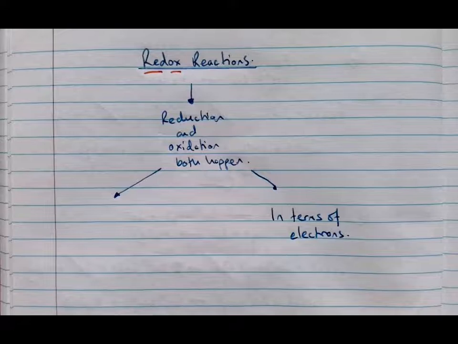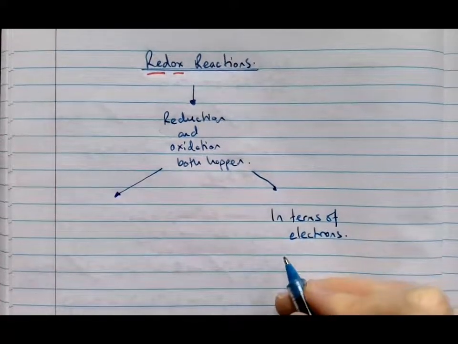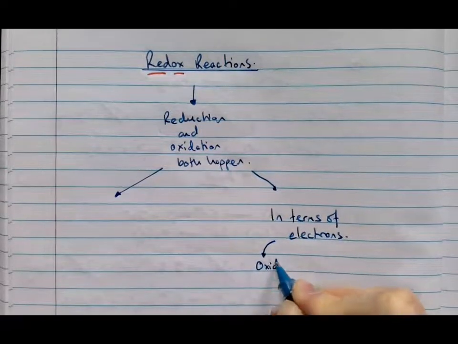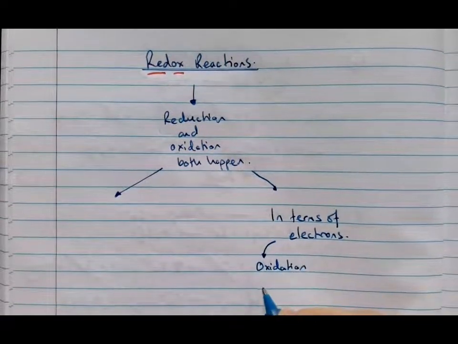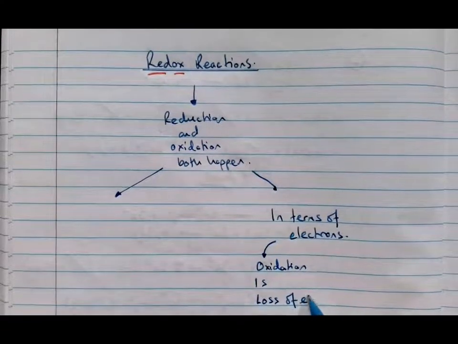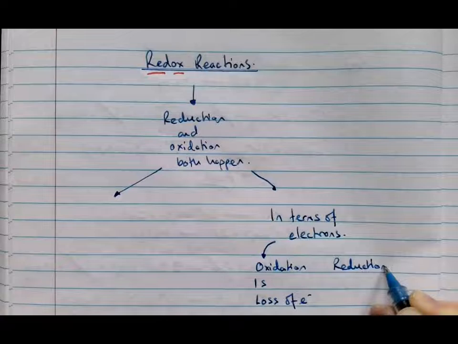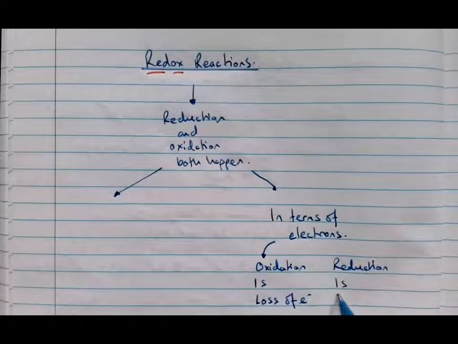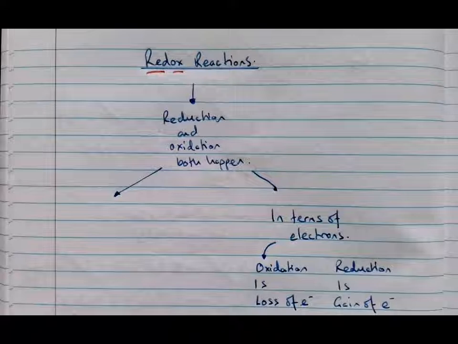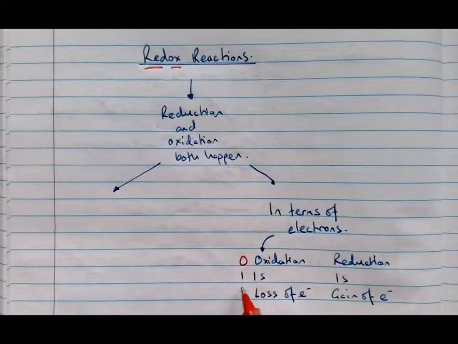So if we're talking about reduction and oxidation in terms of electrons, oxidation is loss of electrons and reduction is gain of electrons. And that's how we get OIL RIG.